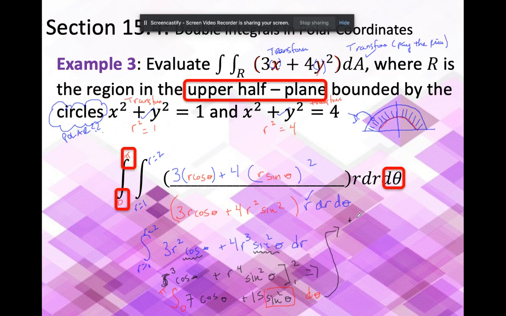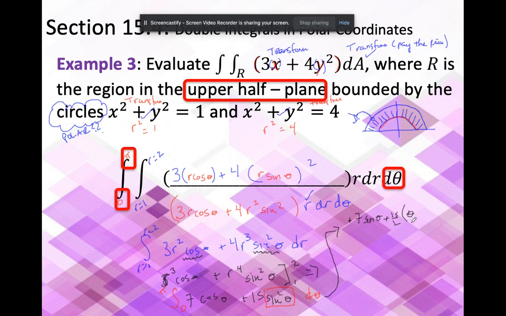Sorry, my notes say negative there. 7 sine theta plus 15 over 2. And remember, that's 1 minus that cosine 2 theta.